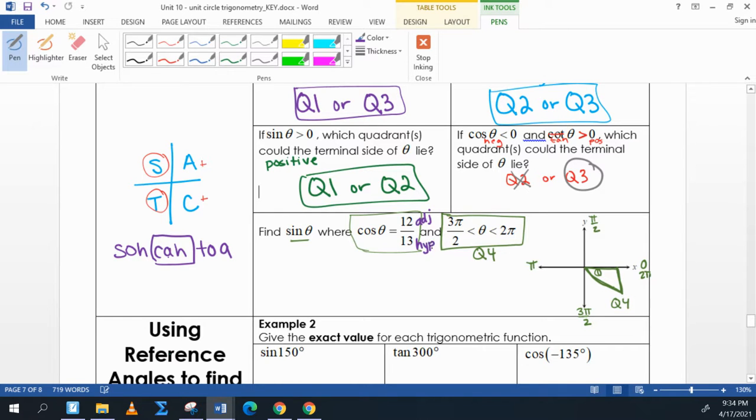So they've given me two of the sides of my triangle. If I were to label this, and remember, theta always is the one at the origin, my adjacent side here is 12. The hypotenuse is across from your right angle. This is 13. So first of all, we need to find our opposite side because the sine uses the opposite side.